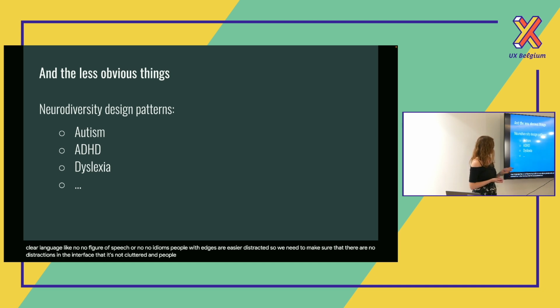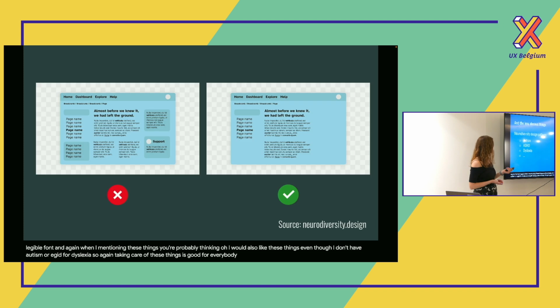And people with dyslexia, let's support them by using images to support the text, by using a legible font. And again, while I'm mentioning these things, you're probably thinking, I would also like these things, even though I don't have autism or ADHD or dyslexia. So again, taking care of these things is good for everybody.